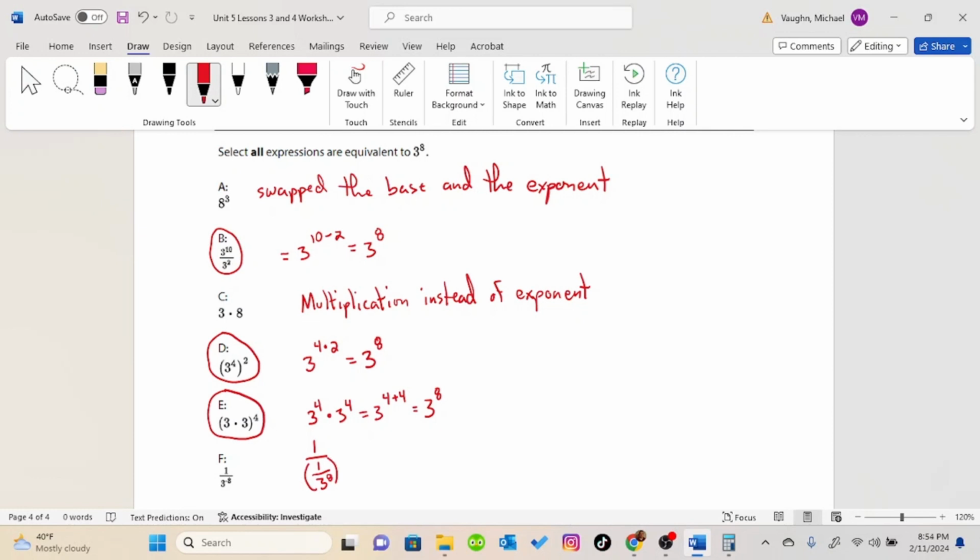And if we have 1 over 3 to the 8th, dividing by a fraction is the same as multiplying by its inverse. And this just becomes 1 times 3 to the 8th, which equals 3 to the 8th. And that's exactly what we were looking for. So choices B, D, E, and F are all equivalent to 3 to the 8th power.